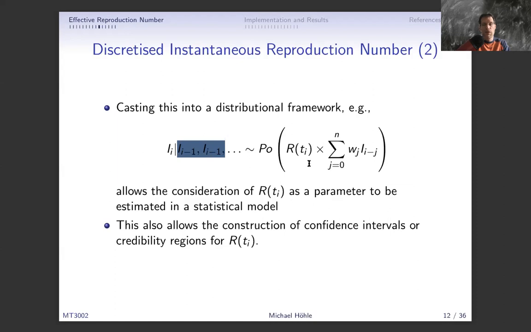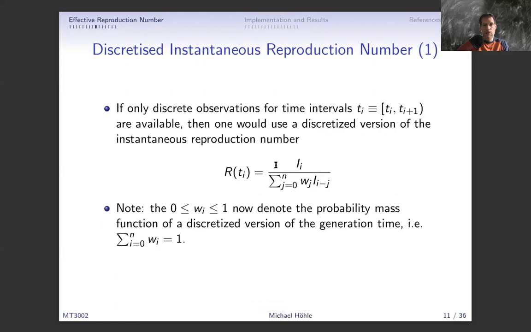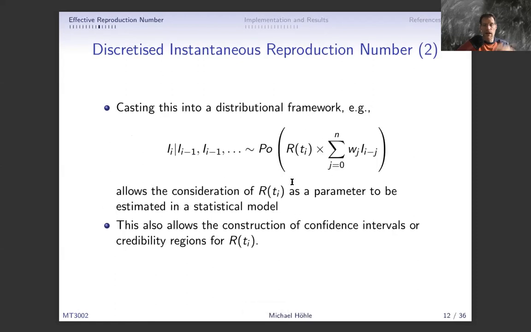And if you have done a bit of statistics, you know already that for R of t_i, the maximum likelihood or the method of moments estimate will simply be this quantity here divided by all of this, which is exactly what we would have here. But in addition, you would also have the opportunity to construct confidence intervals or credibility regions for R of t_i.